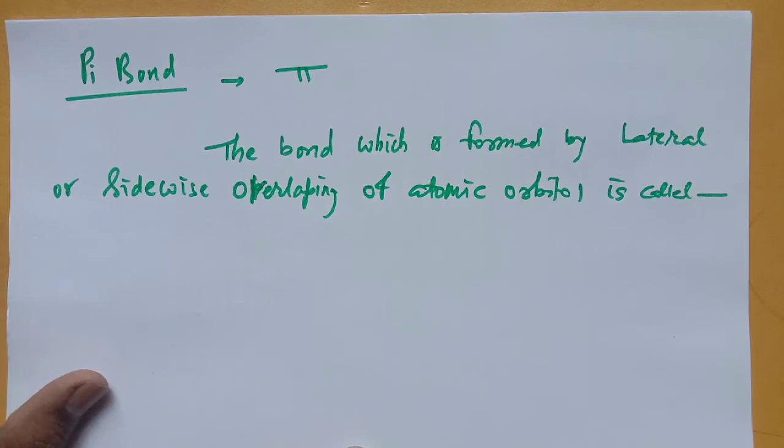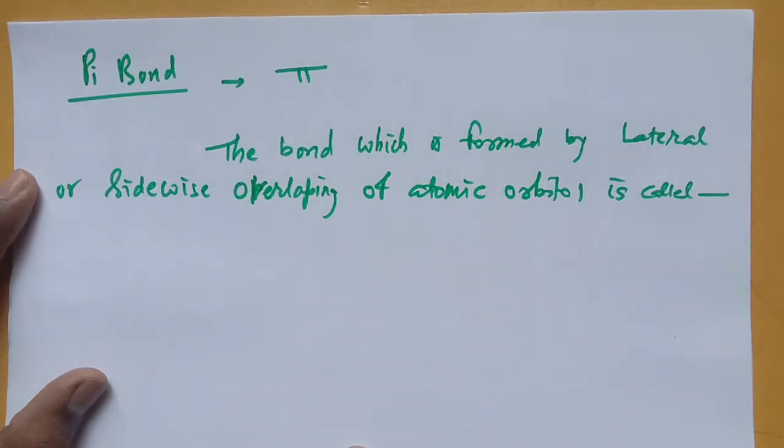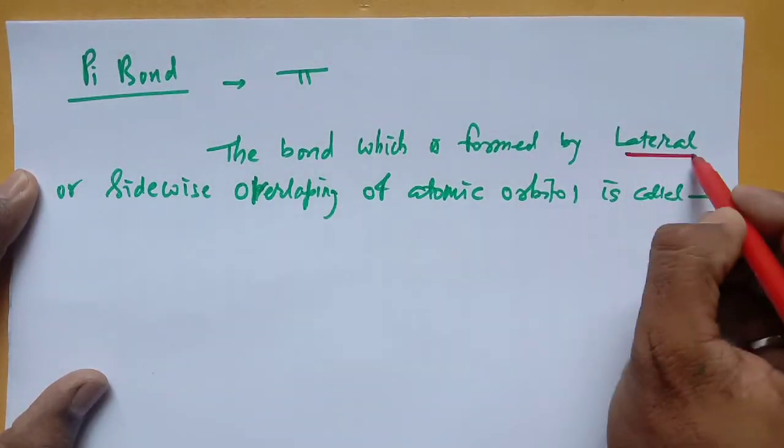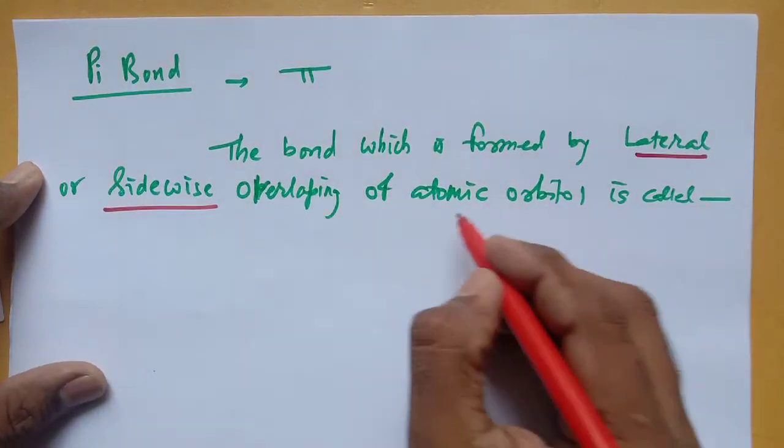This is the definition. The bond which is formed by lateral overlapping or sidewise overlapping of atomic orbital.